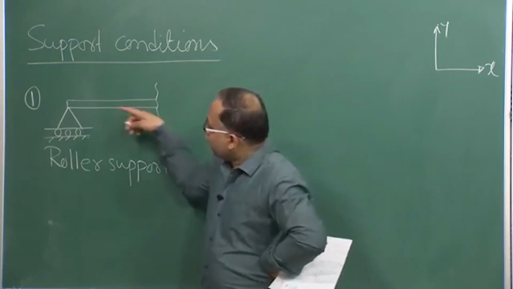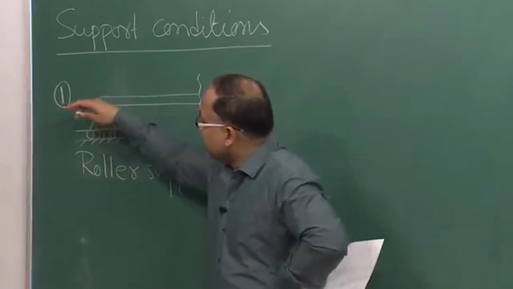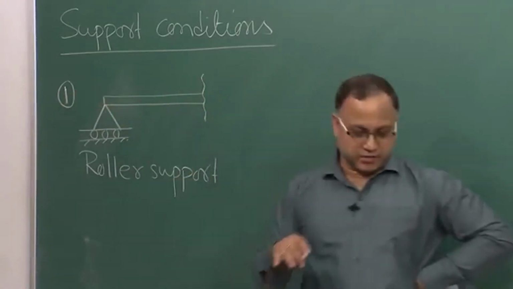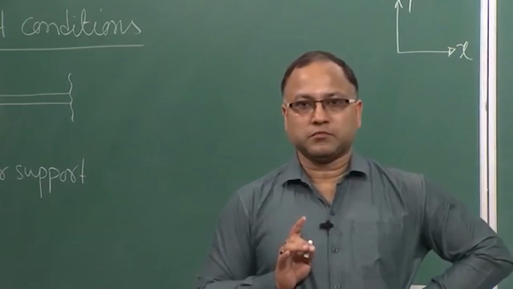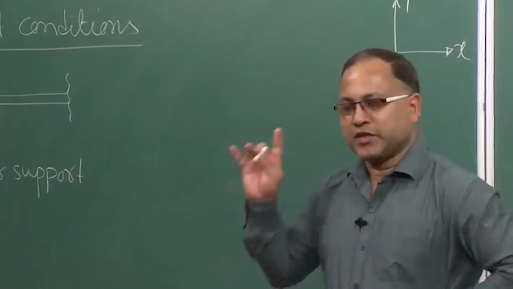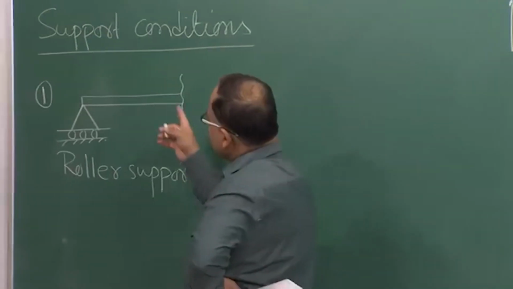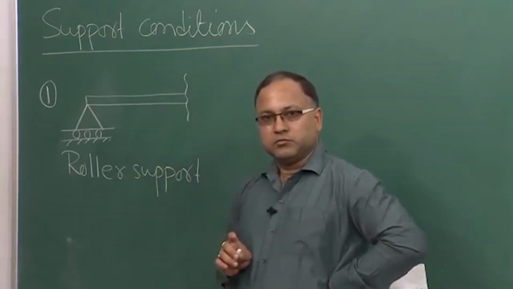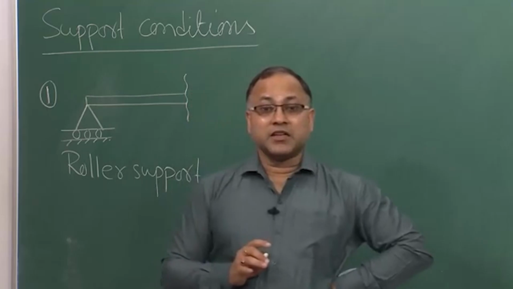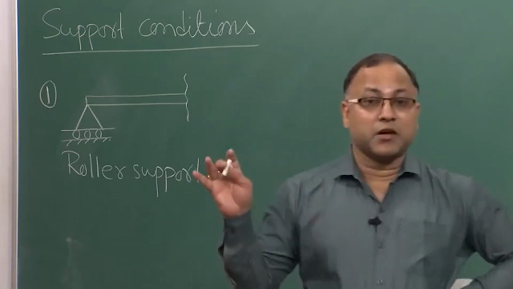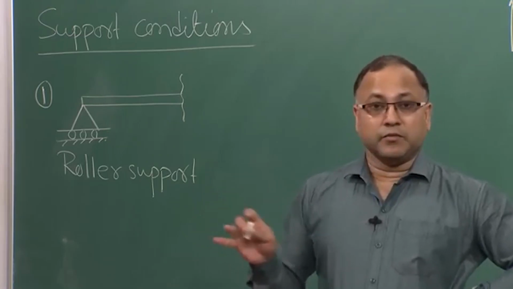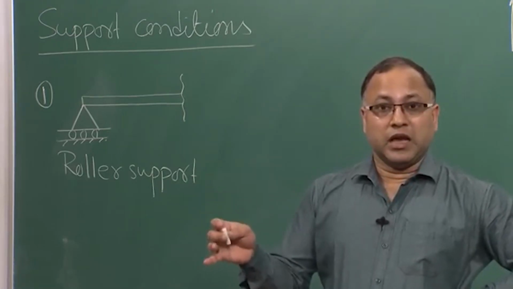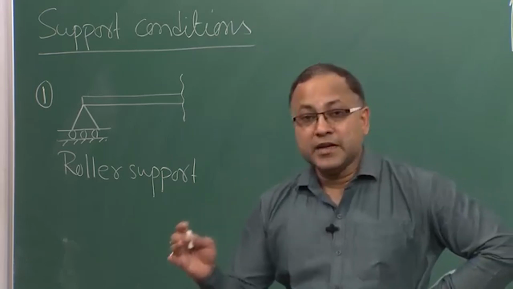The movement of this beam in the x direction, that is the horizontal direction, is not restricted by the support. The support is not restricting the horizontal movement of the beam. Therefore, I should not get any reaction in that direction, as per what we have agreed.